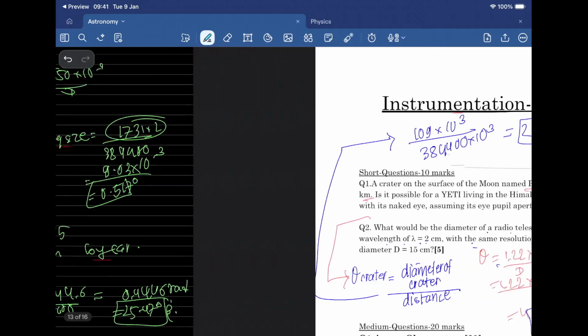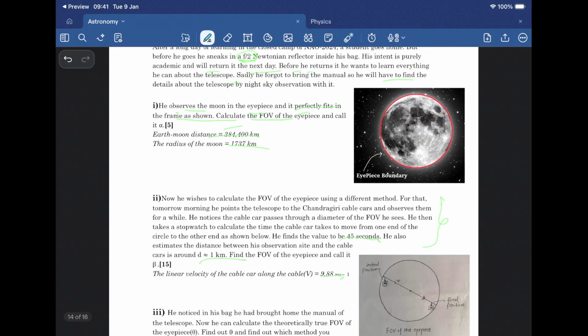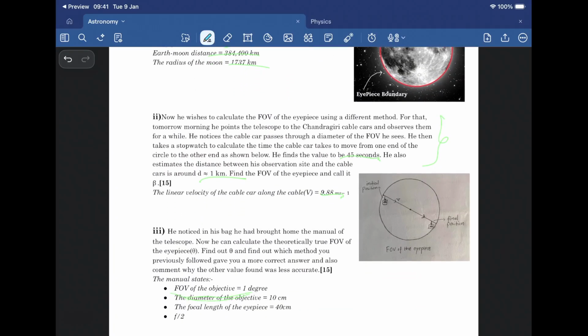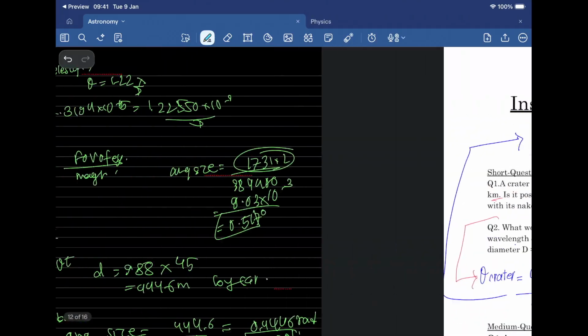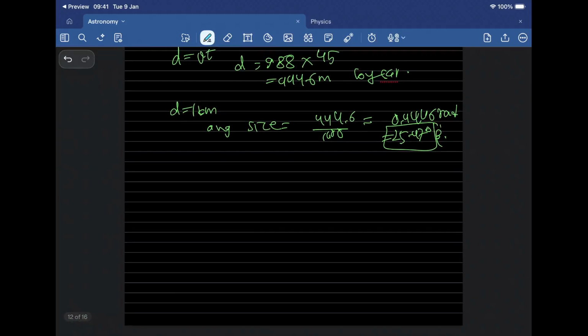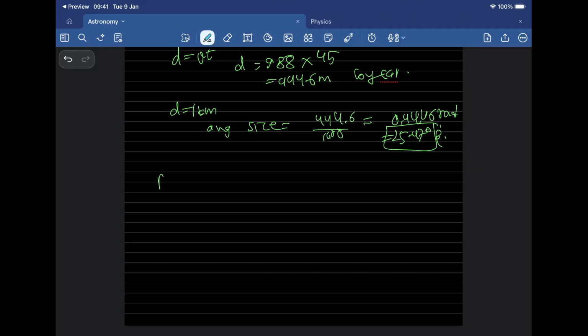So in question number 3, we can find out theta. We have the FOV of objective, diameter 10 centimeter, because we just got the accurate details, 40 centimeter, and we have f by 2.